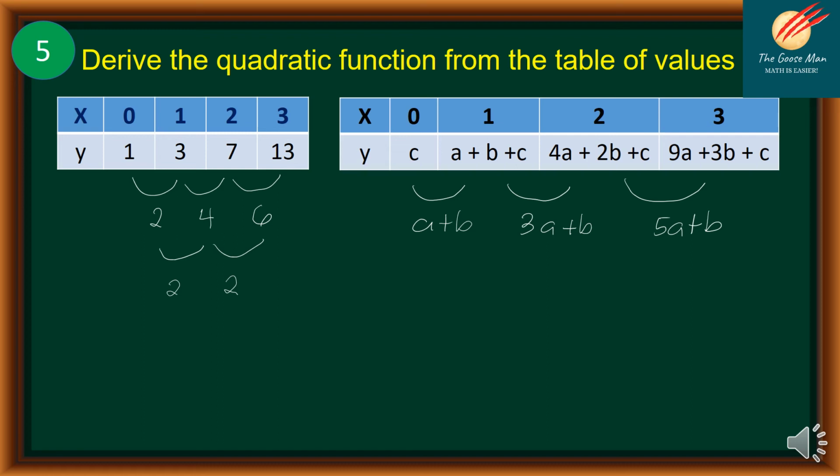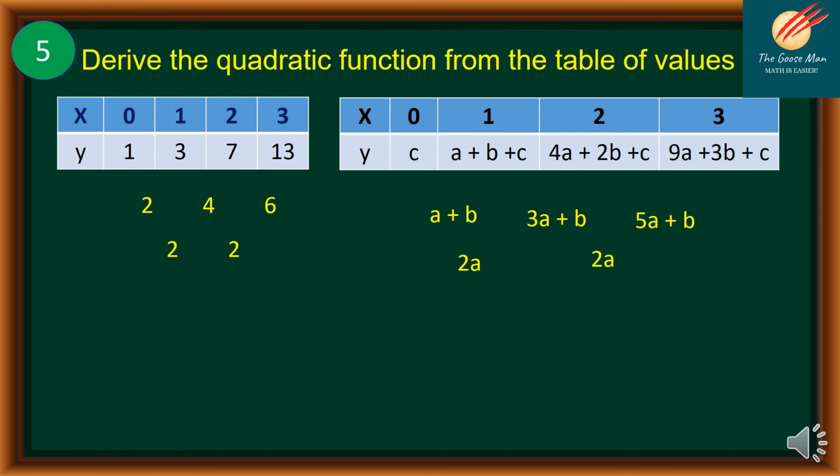Then, again, since we don't have the same differences on the first differences, we will move on to the second differences. That is 3a plus b minus the sum of a plus b, so we have 2a. Then, get the difference of 5a plus b minus 3a plus b, so we come up with 2a. So truly, we come up with the same differences on the second differences, so therefore we can say this is a quadratic function.